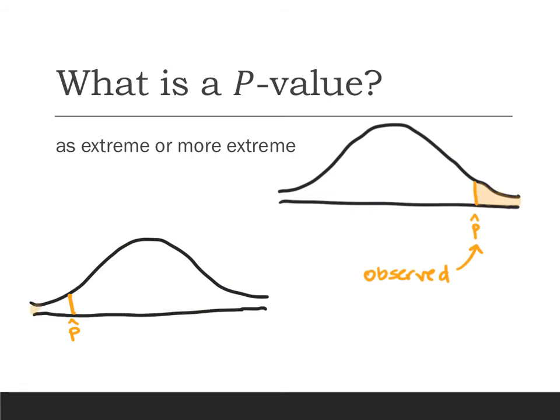I may need less than. But that is as extreme, that's the solid line, or more extreme, that's the shaded area. And of course, again, in both cases, this p-hat, that is our observed sample statistic.